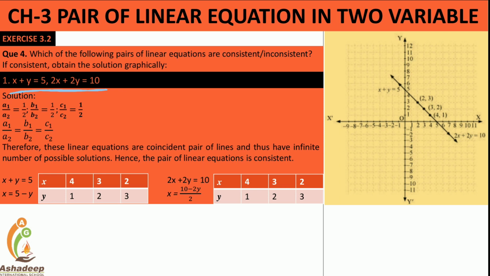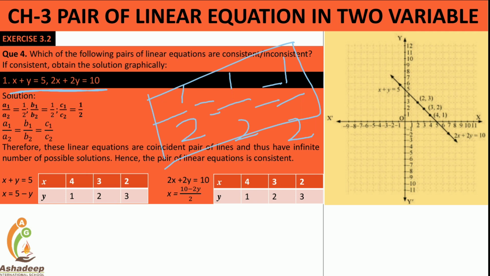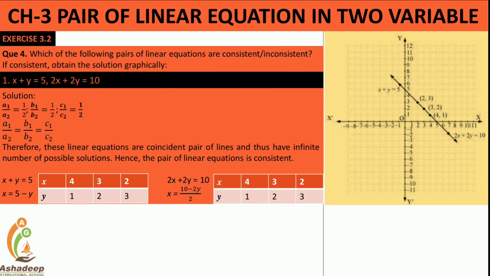Now a1 upon a2 is 1 upon 2. b1 upon b2 is also 1 upon 2. c1 upon c2 is also 1 upon 2.